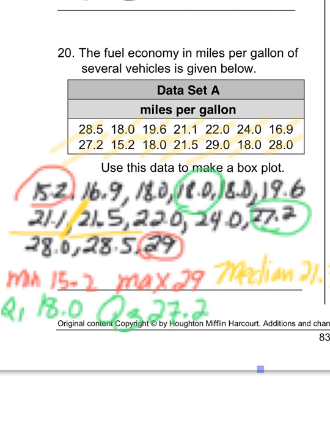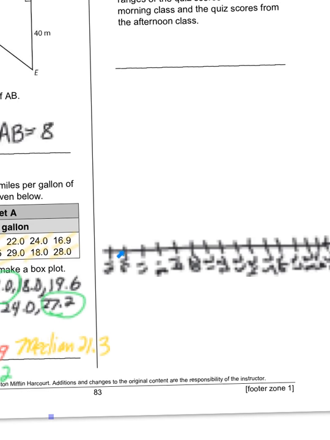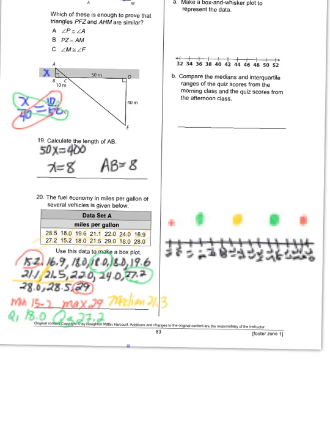Now that's enough numbers for me to graph my box plot. So I set up a number line from 15 all the way to 30, going by ones, and I'm ready to use all my numbers. So as you can see, I put in my minimum, my maximum, my quartile 1, my quartile 3, and my median.